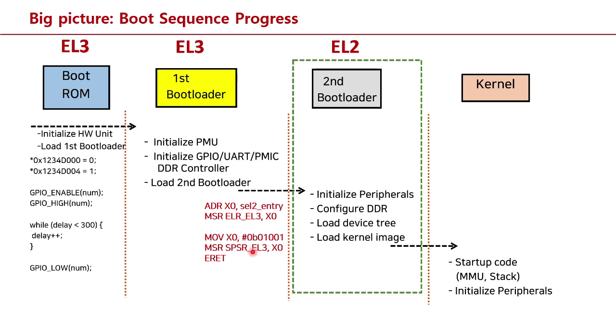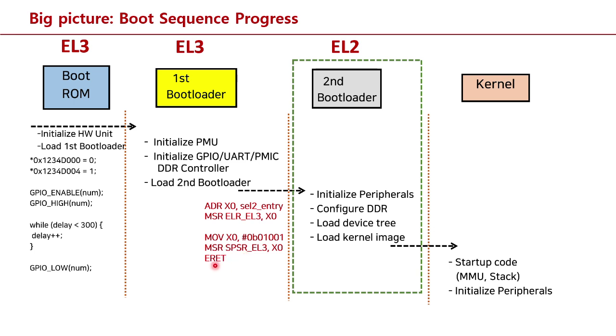As you know, bits 0 to 3 inside the SPSR_EL3 register represent the current exception level, and this binary value indicates exception level 2. So please pay attention to this value. After this assembly instruction, this binary value is written to the SPSR_EL3 register.